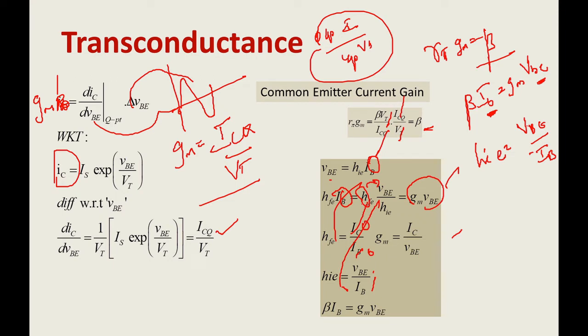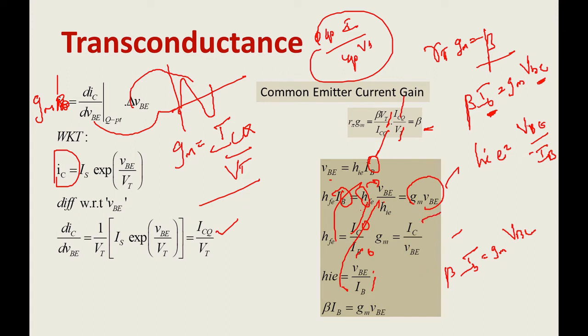So if you substitute here, what are you getting? GM. That's what I have written here. If you substitute HFE, that is IC by IB, and HI is VB by IB, both IB will get cancelled and you will get IC by VBE. So beta IB is equal to GM times VBE. This is the understanding.